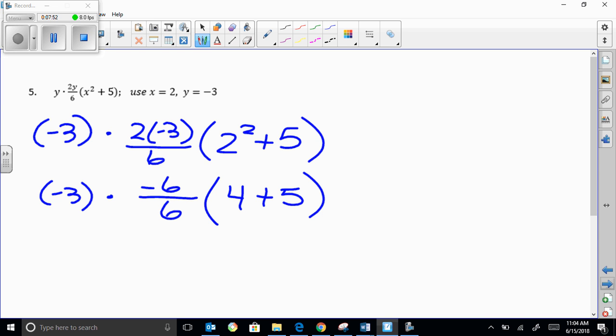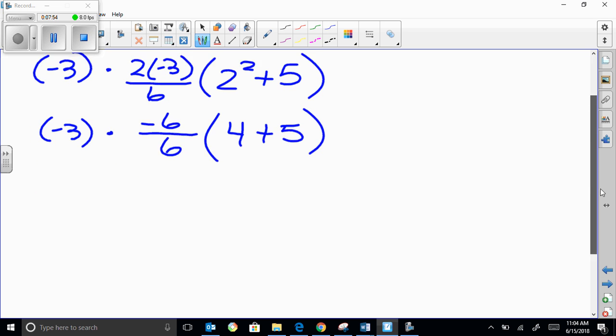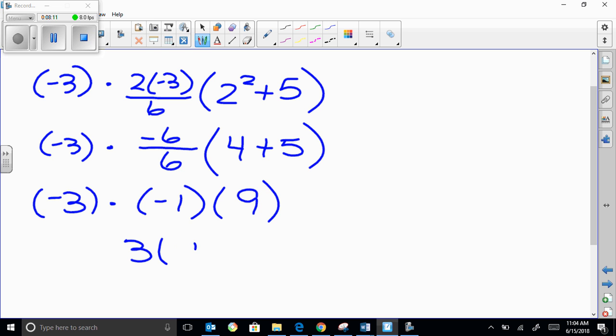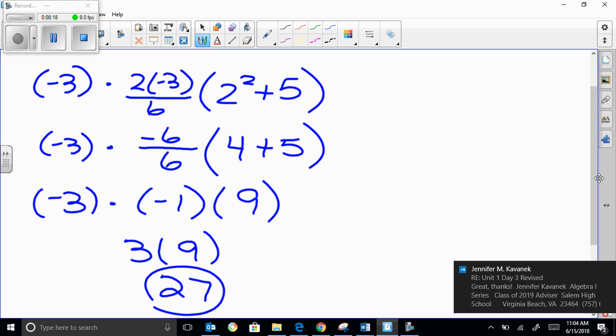I'm completing my grouping symbols. A fraction bar is a grouping symbol. Negative 3 times negative 1 times 4 plus 5 is 9. Negative 3 times negative 1 is positive 3, times 9. 3 times 9 is 27.